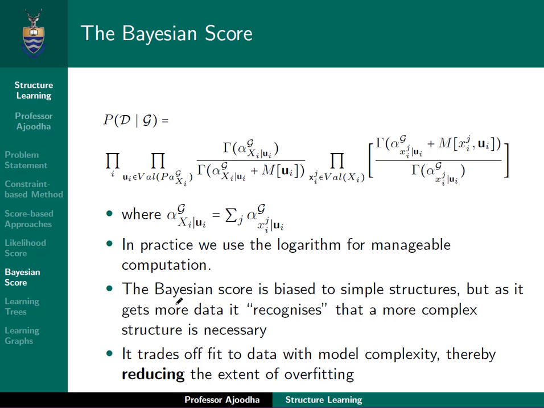Right. So the Bayesian score is biased to simpler structures, right? So it likes simpler structures, but if it gets more data, as the data approaches infinity, then it recognizes the need for more complex structures. But it doesn't want to use complex structures because it doesn't want to overfit. The Bayesian score is a very nice score, because it uses the Bayesian paradigms, Occam's razor and everything else.